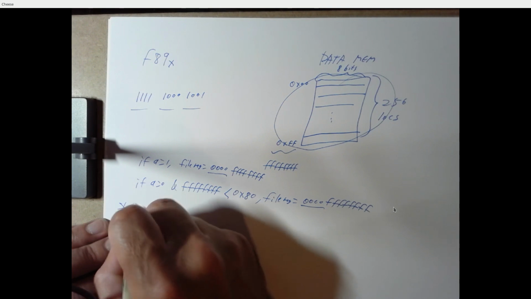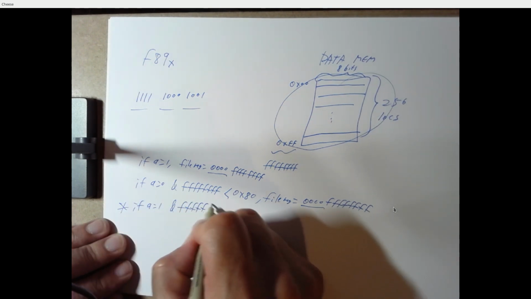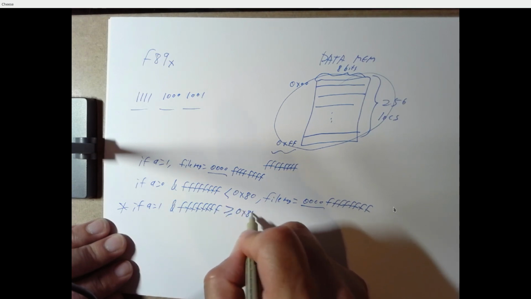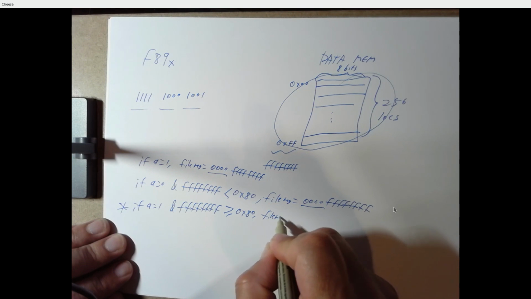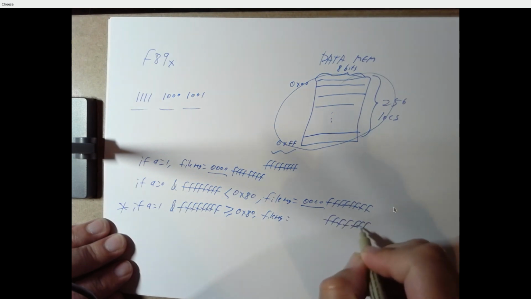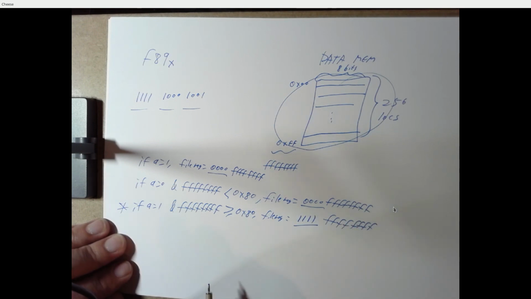But if our access bit is 0, and we specify a register bigger than or equal to hex 80, then the actual file register is the 8-bit register we specify, prepended by 4 ones.